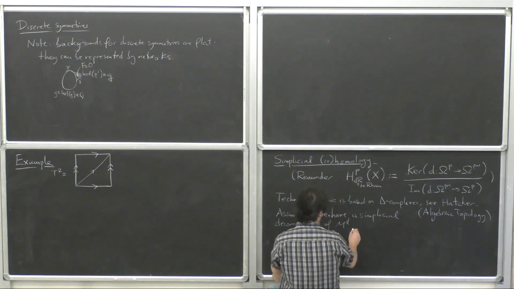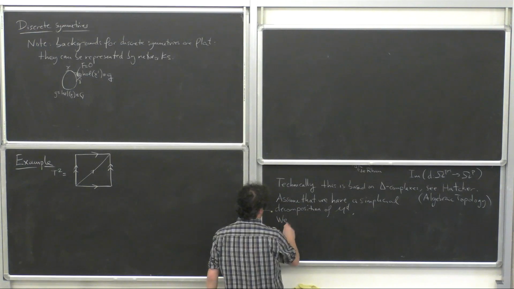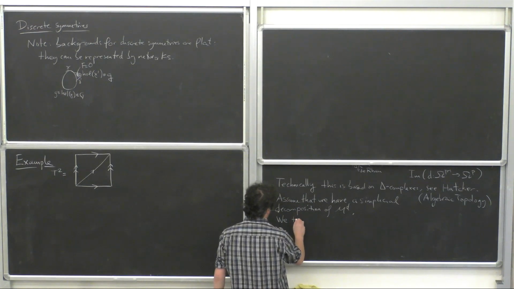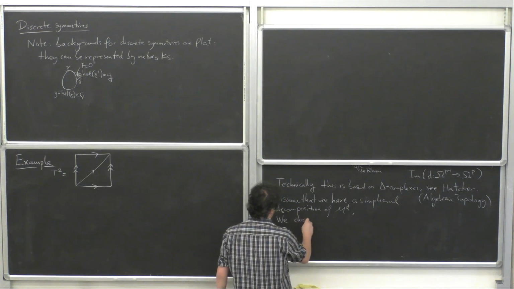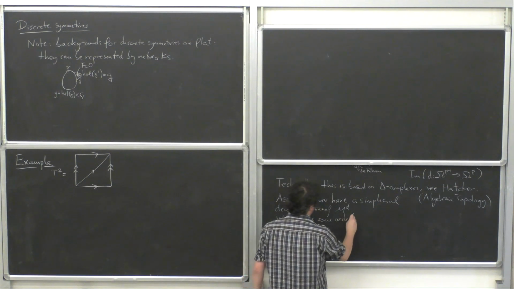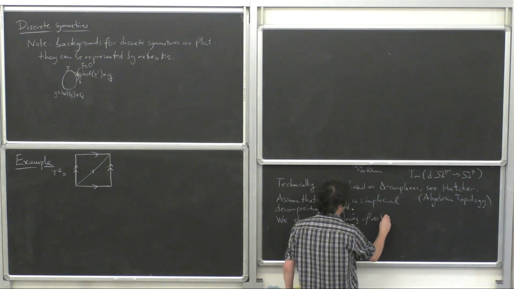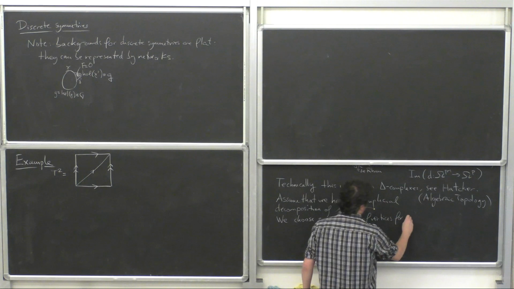All right. We need something more. So we choose some ordering of vertices for each simplex.